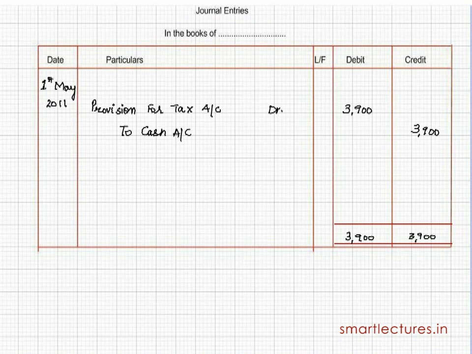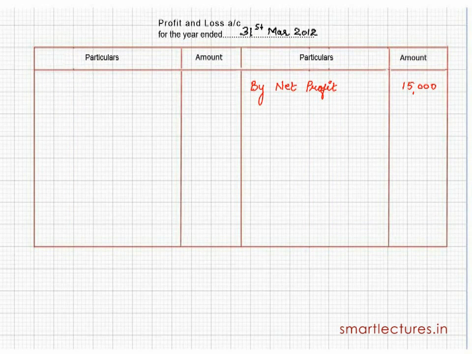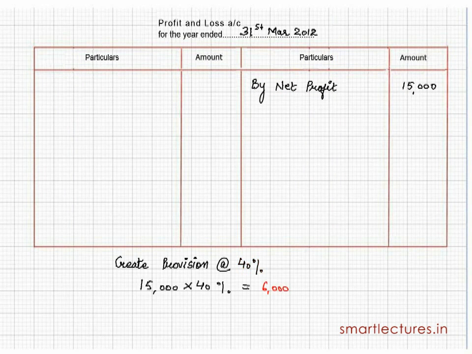In the next year, 31st March 2012, again you are preparing the profit and loss account, and your net profit is rupees 15,000. So please show the net profit on the credit side as net profit before tax rupees 15,000, and your policy is that you have to create provision at 40%. 40% of 15,000 is 6,000. But be careful.